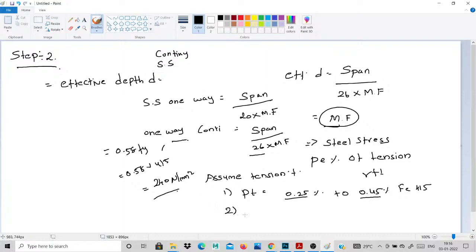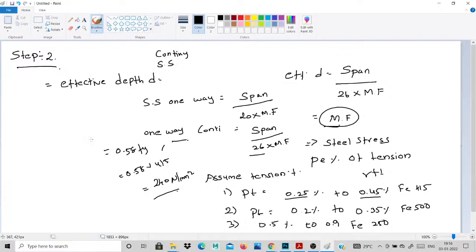For Fe500, you assume 0.2 percent to 0.3 percent. Then the next one is mild steel Fe250, for which you go for 0.5 percent to 0.9 percent.